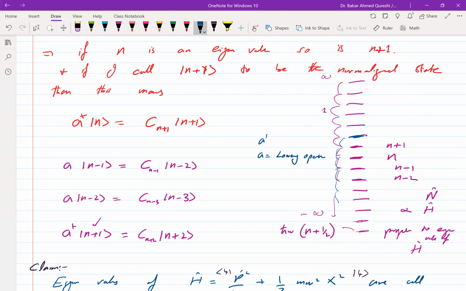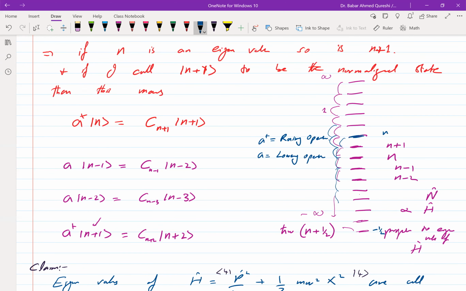And A dagger, since it takes you up, is called the raising operator. So how can this be? On one hand, I just proved that you cannot go lower than minus half, starting from any arbitrary number n, while this is saying that you can keep going as much as you like.